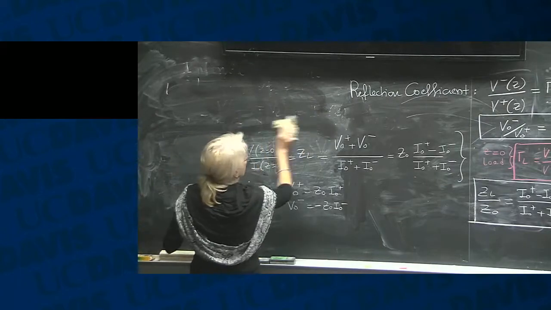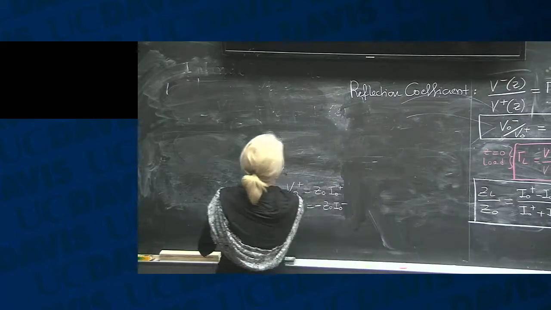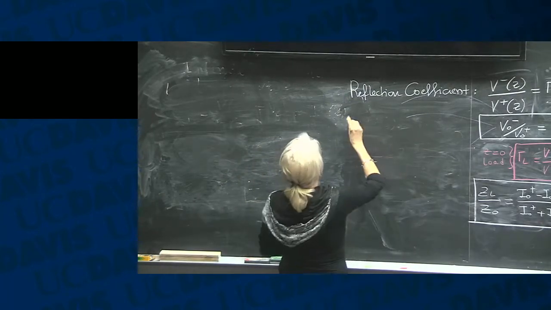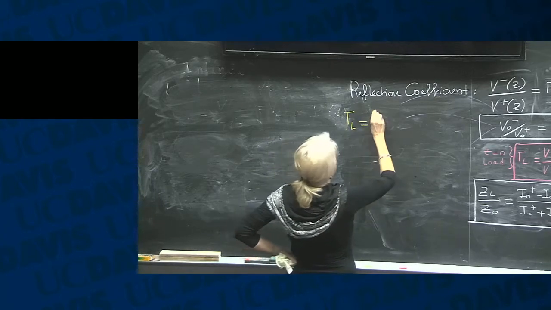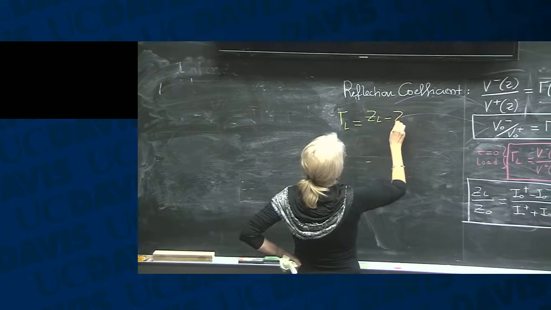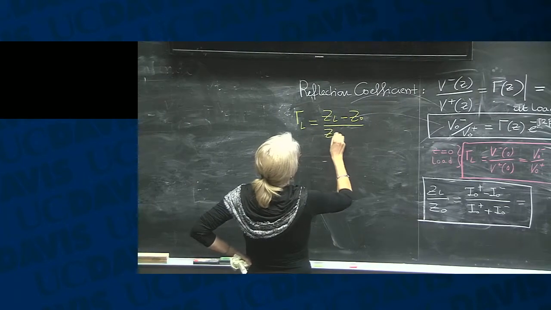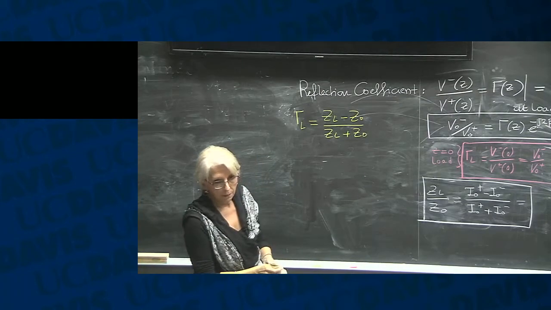What we have at the end is that gamma L is nothing else but ZL minus Z naught over ZL plus Z naught at the load.